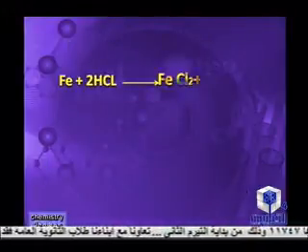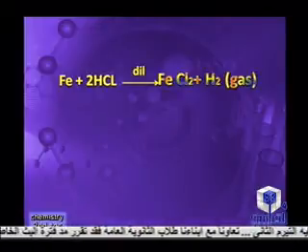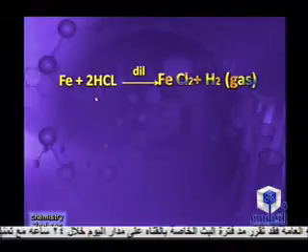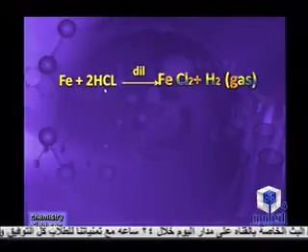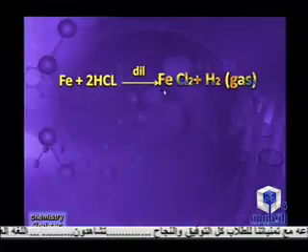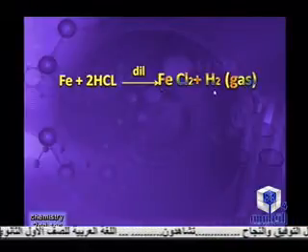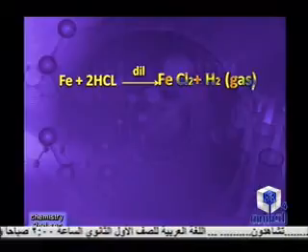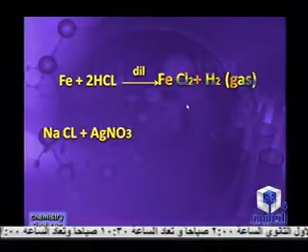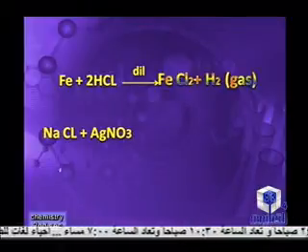Here, if we notice the equations in front of you, first, Fe or Zn, any metal element, reacts with 2HCl, dilute hydrochloric acid, and gives FeCl2 and H2, hydrogen gas, which evolves or comes out from the medium of reaction.